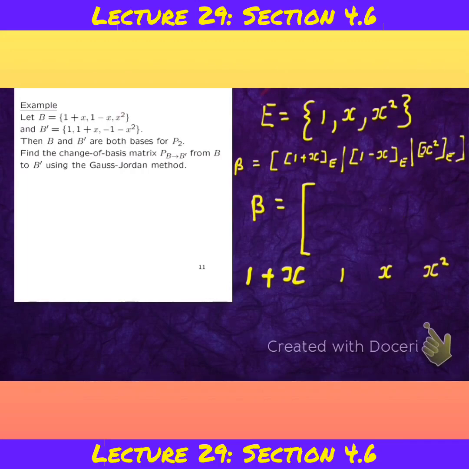We write our three vectors down, and that is equal to 1 plus x plus 0x. So the first column of my matrix B becomes, we take our first vector there, we make it a column vector, and we form our first column vector there.